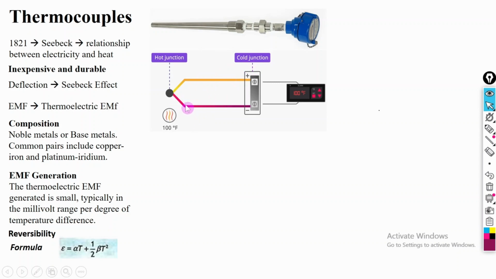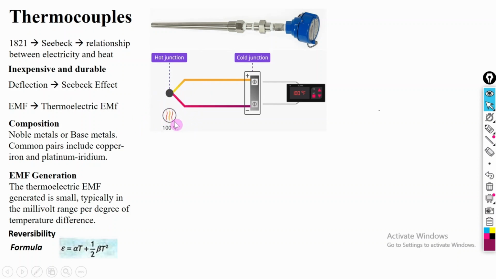So this wire also consists of a sea of electrons. What will happen to that sea of electrons if we provide external heat to it? If we provide heat to one side of the wire, the electrons present at this position will start motion from this hot junction towards this cool junction, and the motion of electrons, meaning the flow of electrons, is called the electric current.